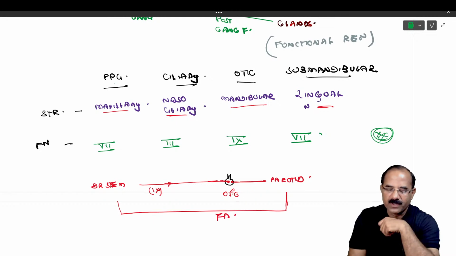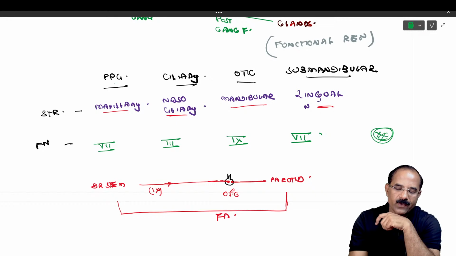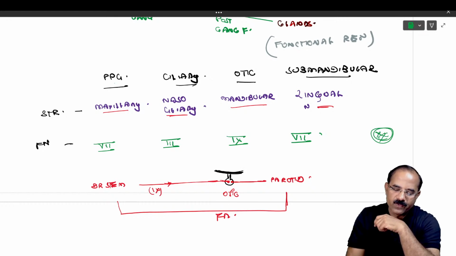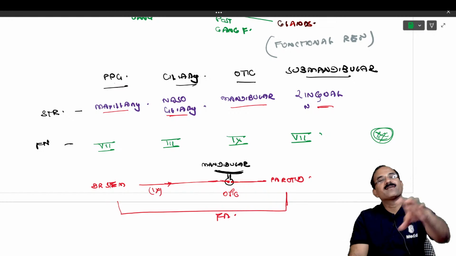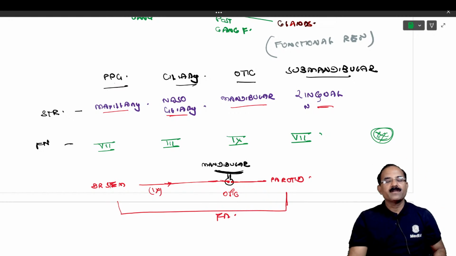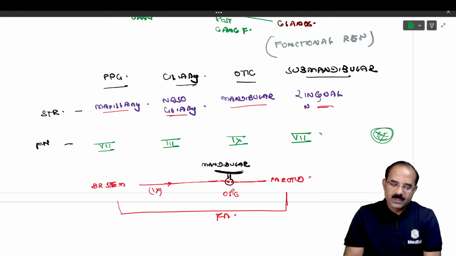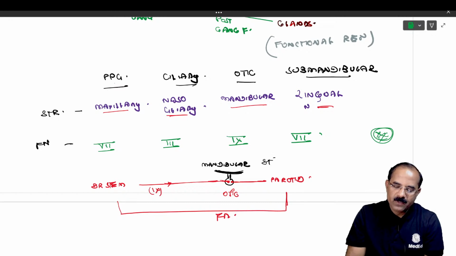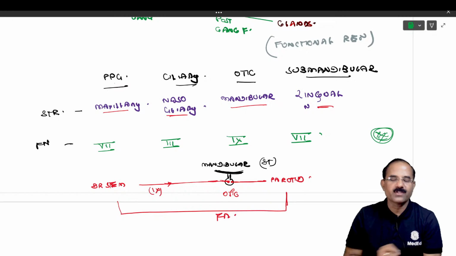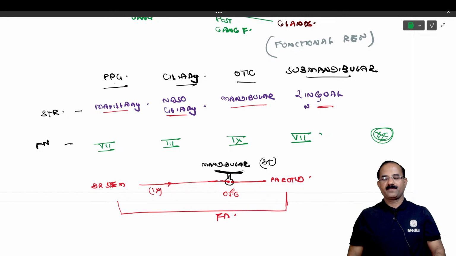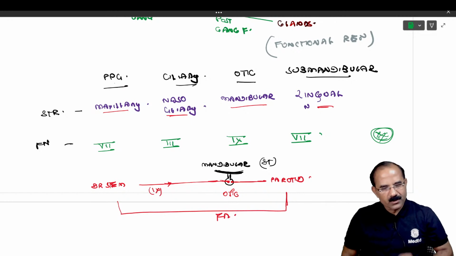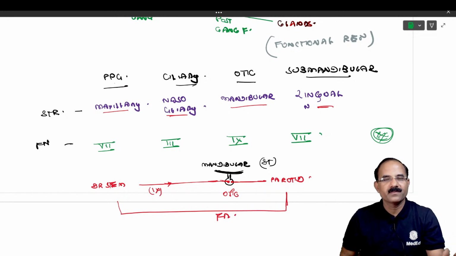And this otic ganglion is hanging from which nerve? ये क्या होगा उसका structural relation. अब clear है? So this becomes the structural relation and this becomes the functional relation. To make it very easy. Clear?